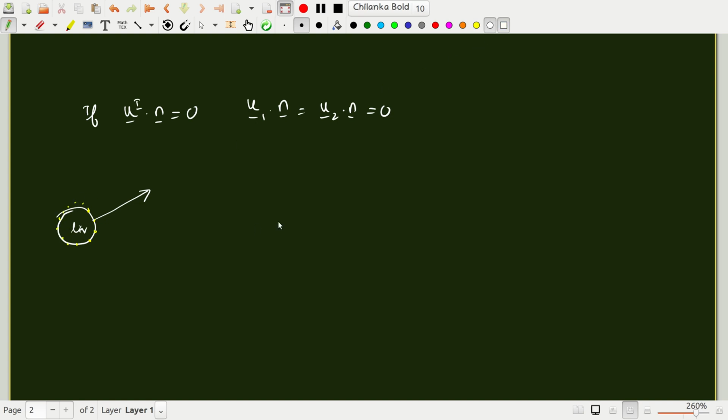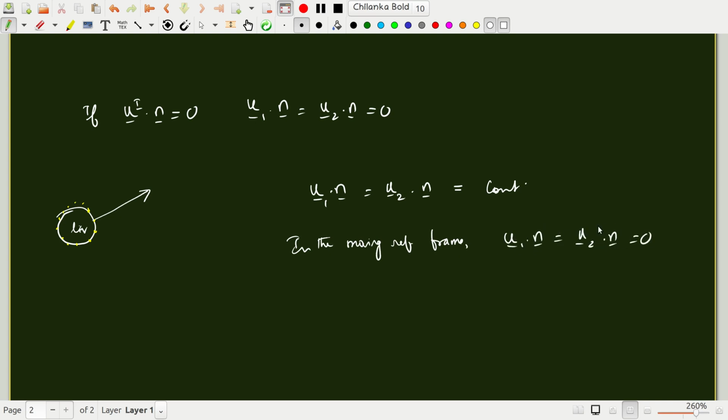So that means you can think of u dot n is equal to u1 dot n is equal to u2 dot n is equal to some constant. So we can shift the reference frame to that constant, and in the moving reference frame, you can still make these 0 if the interface is moving with a constant velocity.